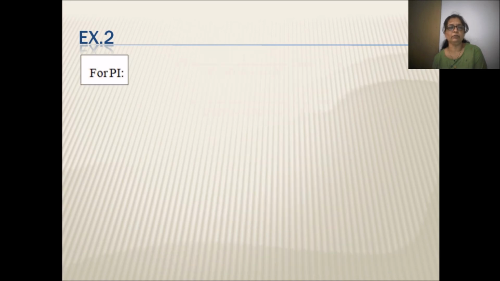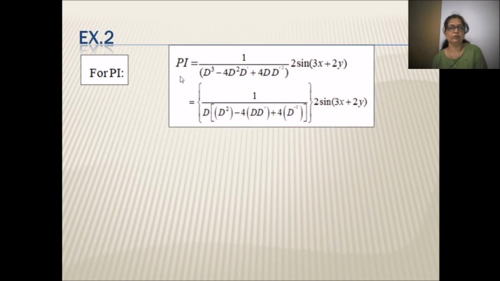Then for the particular integral, PI equals, we write down 1 upon the function of D, D dash into the right hand side of the equation. Now here our substitution is only for D square, D D dash and D dash square, but here there is a D cube term, D square, and a combination of D and D dash. Therefore we take D common and form here D square, D D dash and D dash square.